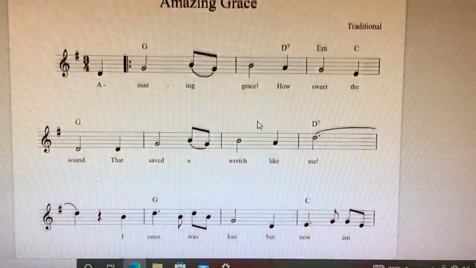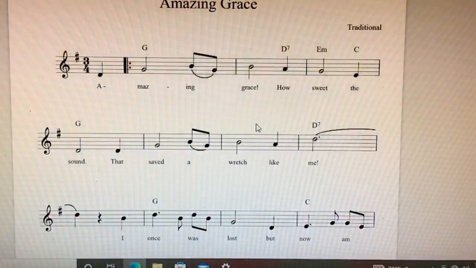Now, one thing about playing for congregational worship or things like that, again, I said that traditionally we're not supposed to play the melody, but if you have weak singers or people whose rhythm is bad, sometimes you have to subtly kind of play that.